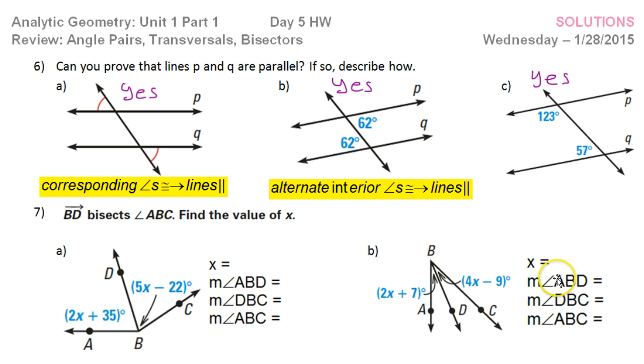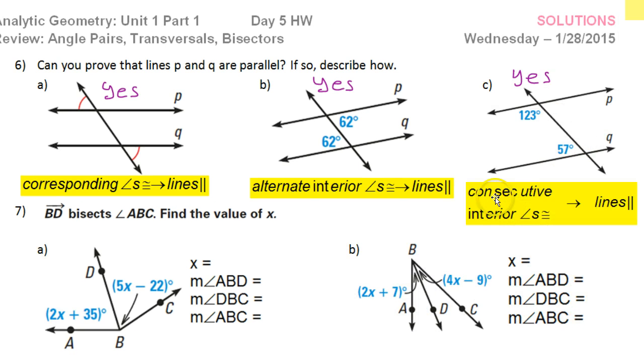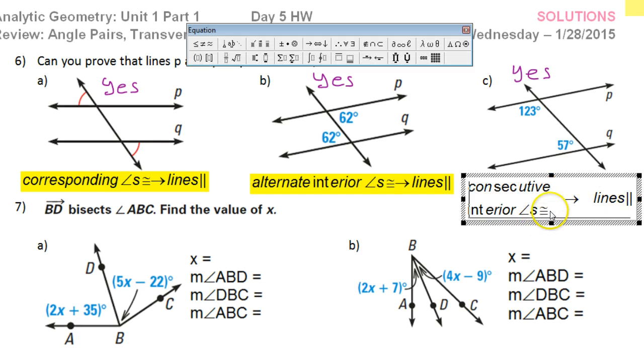Over here, we're going to make a similar statement, but we're not going to say congruent. These are not congruent. They are supplementary. And so we're going to say consecutive interior angles supplementary implies lines parallel. So consecutive interior angles, I said congruent.